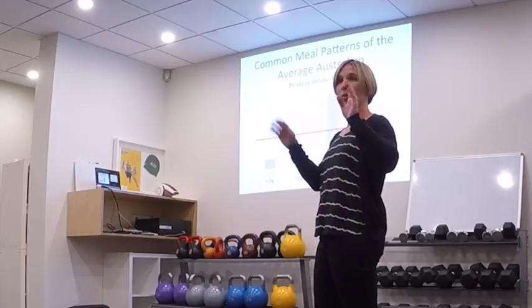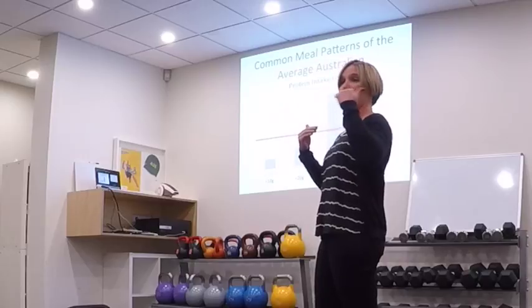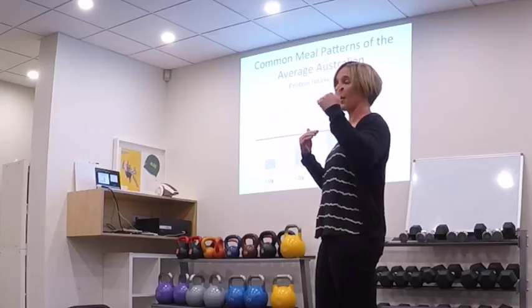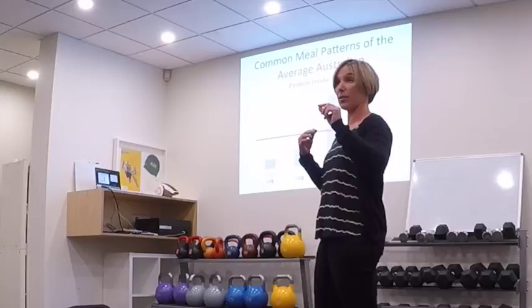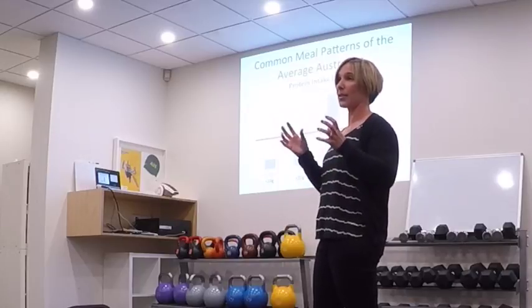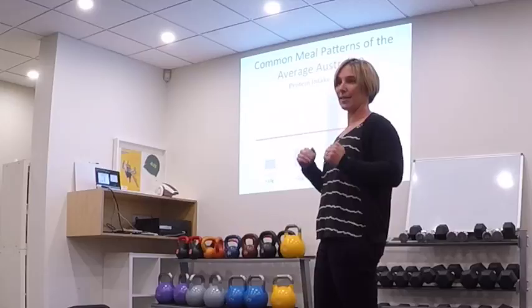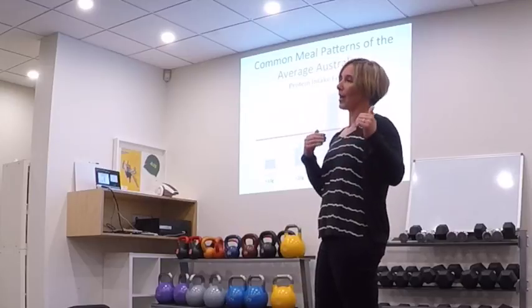Are we all familiar with that word, anabolic? So building up. When protein synthesis occurs, we go into an anabolic state for roughly 3 hours. So in a typical Australian's day, they are in an anabolic state for 3 hours, which means they are in a catabolic state. They are breaking down for 21 hours a day.